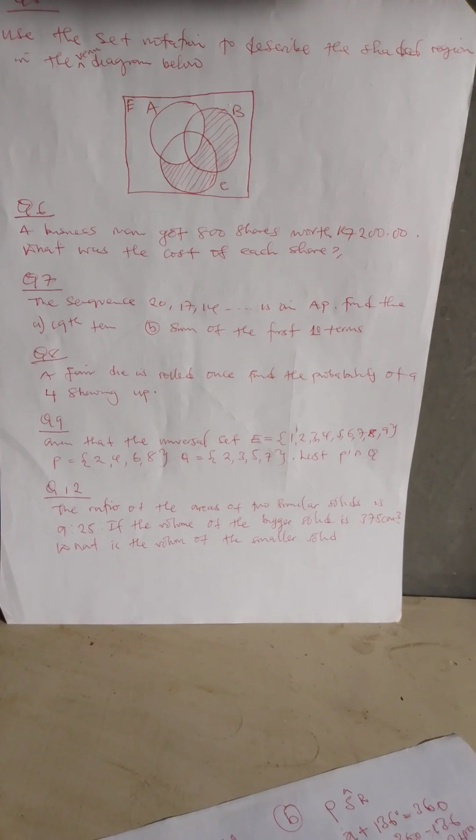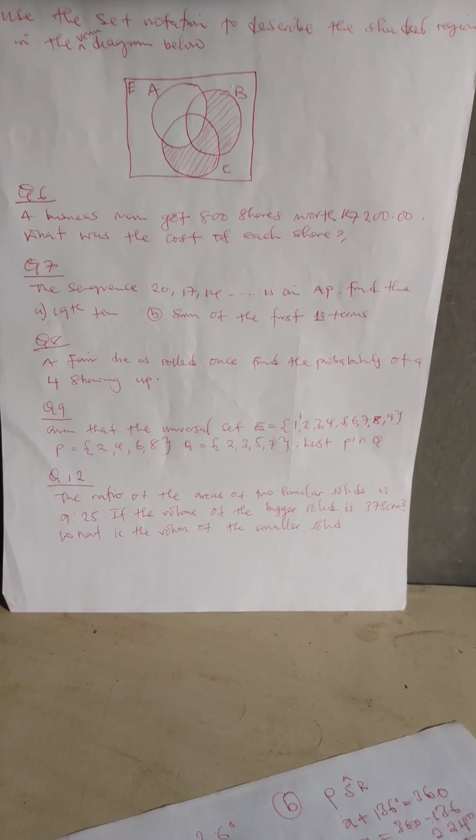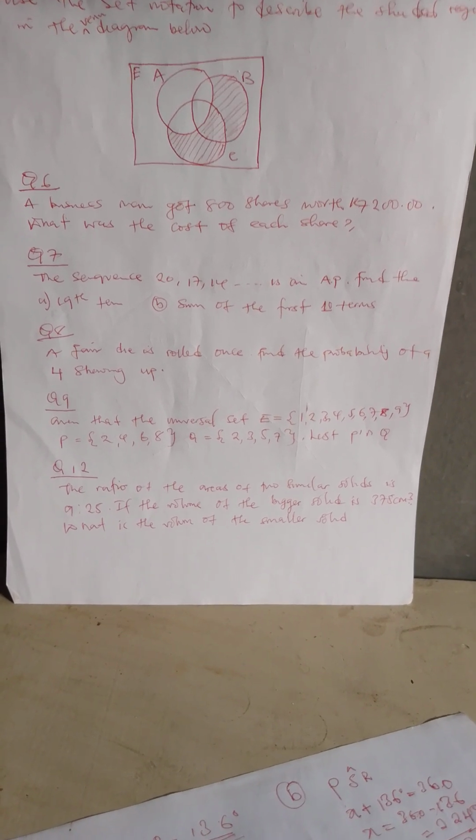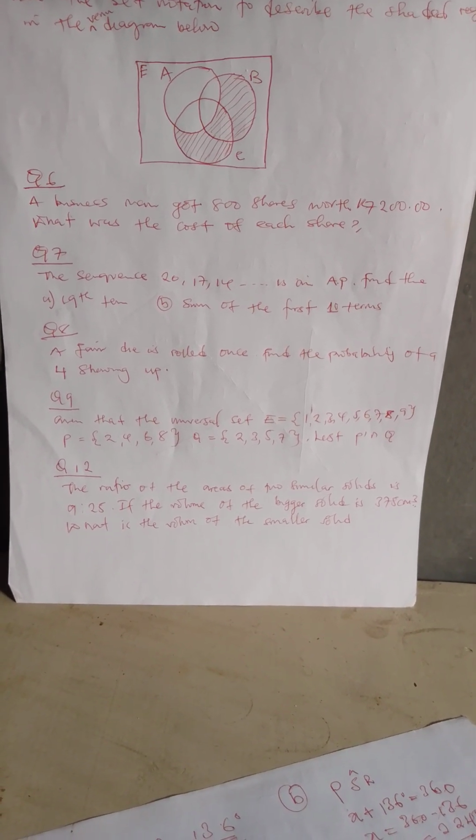So I'm going first to write the answer to this particular question. First of all, describe what is not being shaded, that is A. And what does that mean? Meaning A has been complemented, like this.